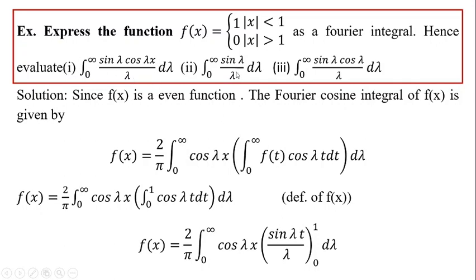Now, if I wish to obtain sin lambda by lambda, I have to make use of this. So how can we get sin lambda by lambda? I have to make this cos lambda x as 1. Now this is possible only for some values of lambda. Okay, so I'm going to put some values of lambda or x, right? So I'm going to put the value of x over here, and then similarly in order to get this I have to choose the value of x.